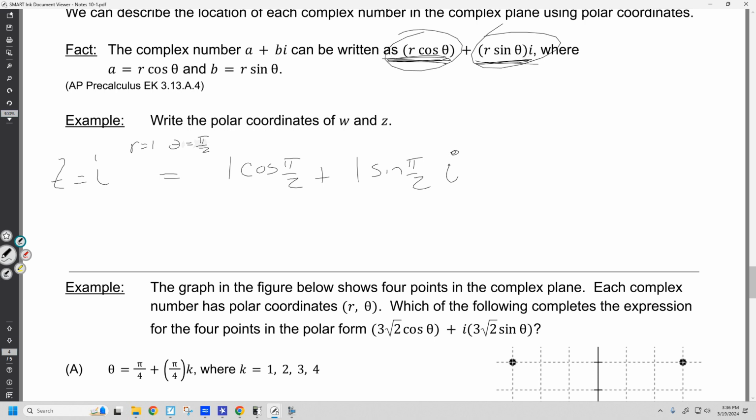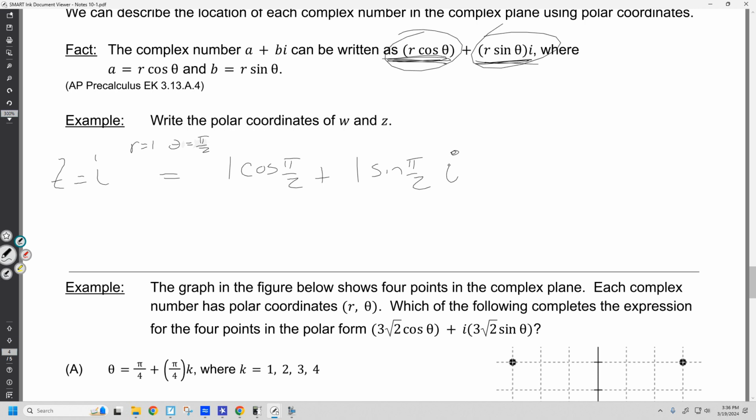And many of you are probably like, why would we do this? This seems silly. Tell your neighbors, why does this seem silly? Why should you be asking yourself, what the heck are we doing that for? It has to deal with what the cosine of pi over 2 is.